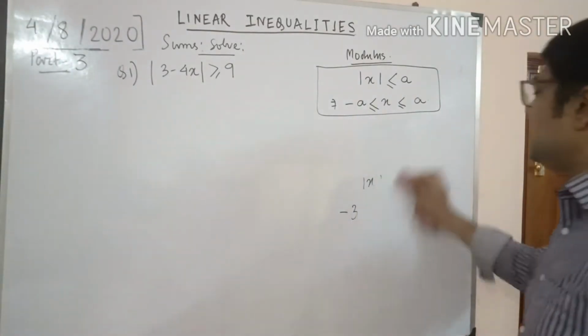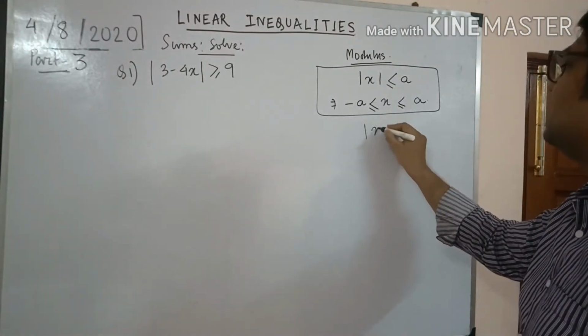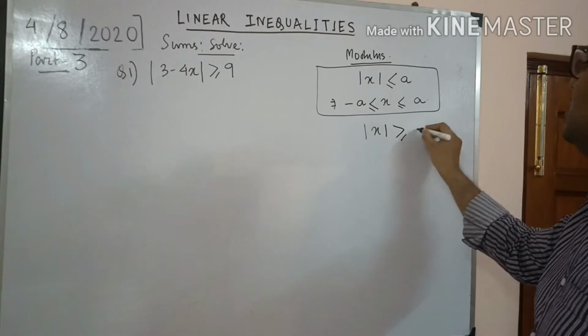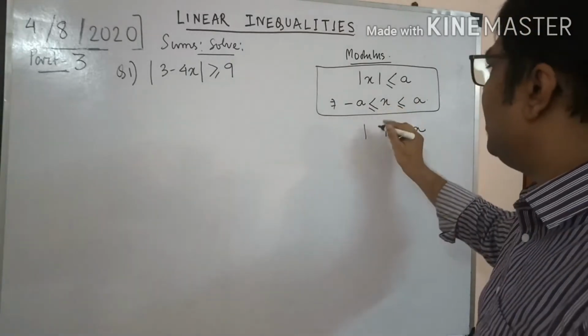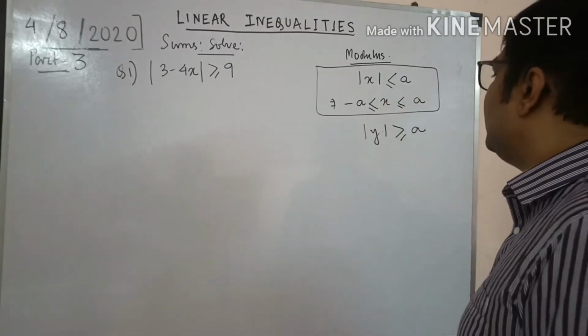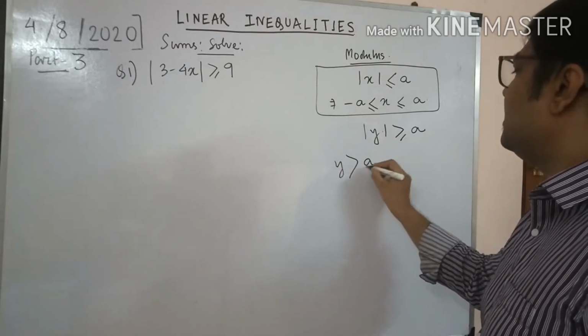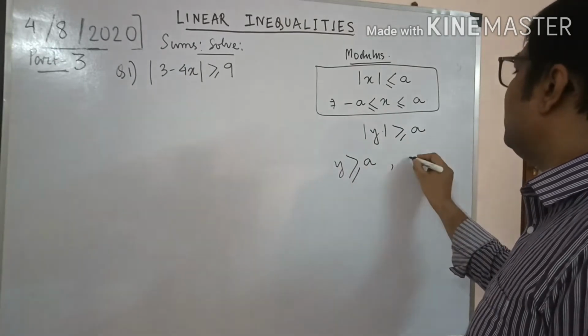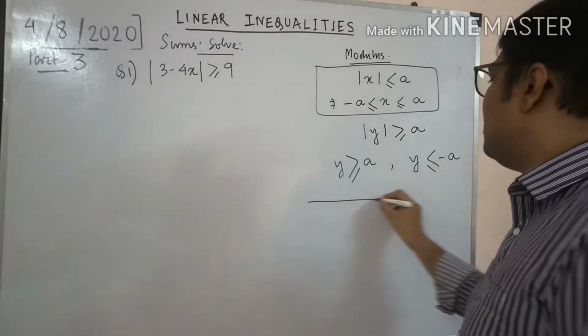Now if I write something like mod x greater than or equal to a, I will write mod of y instead. Mod y greater than or equal to a. In this situation, y is greater than or equal to a, but y can also be lesser than or equal to minus a. Just follow this.